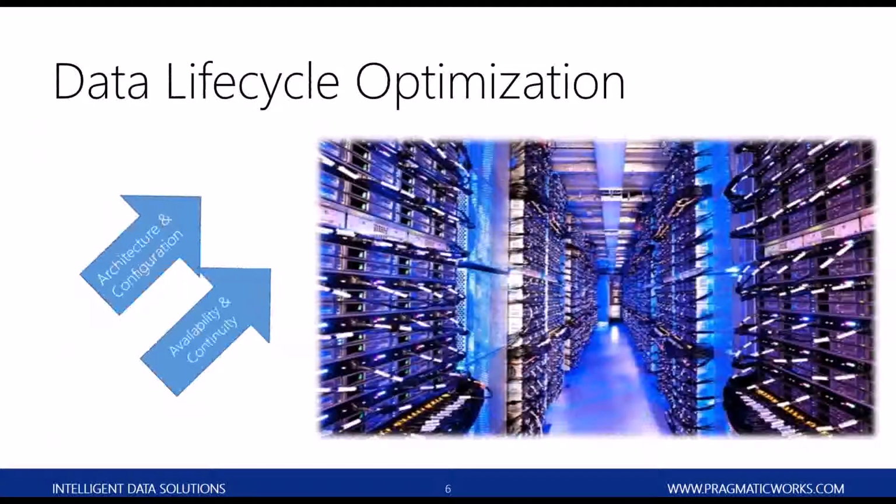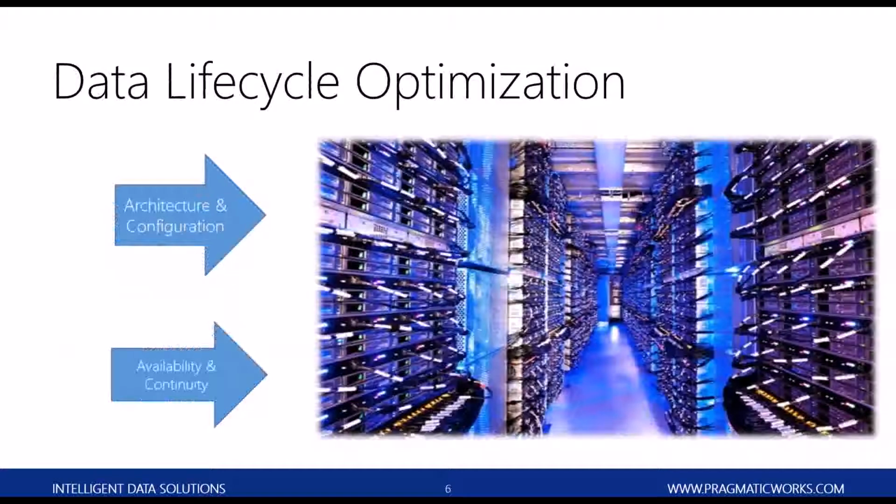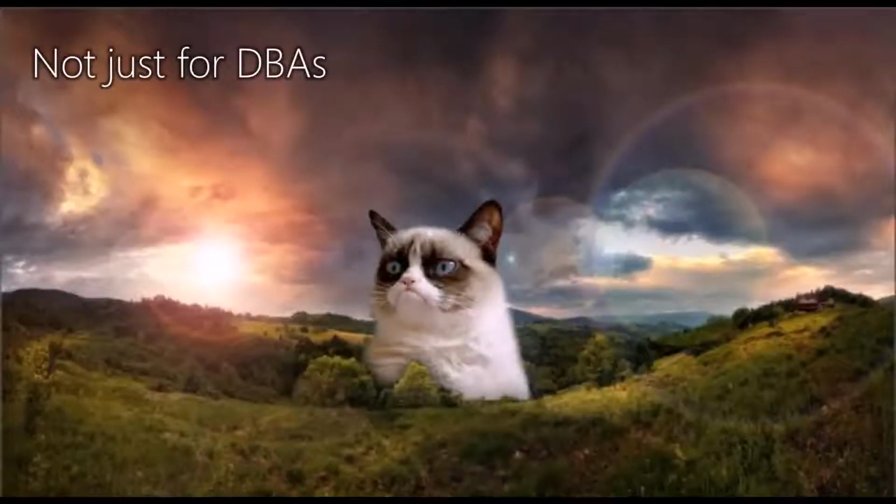Now, when you're talking about architecture and configuration, there is the need to make sure that this isn't just for DBAs. There's a lot of times where I'll get into architecture discussions and availability discussions especially, and the main focus becomes just the transactional platform. It's not just for the DBAs and the transactional platform.